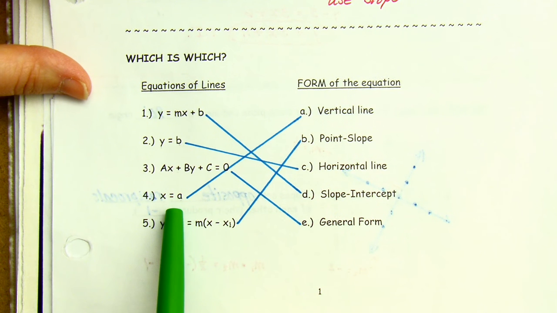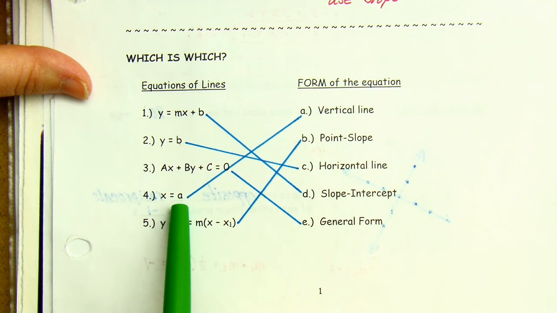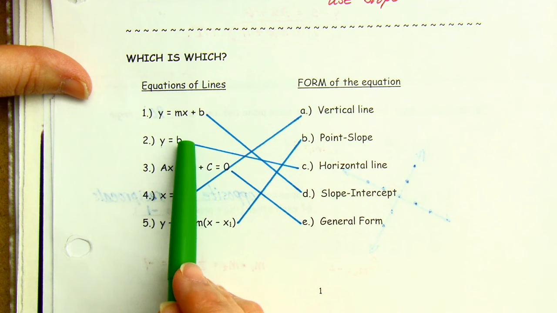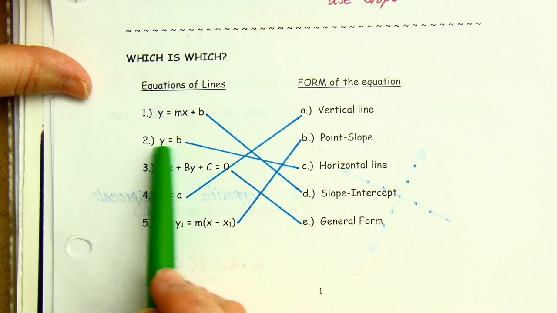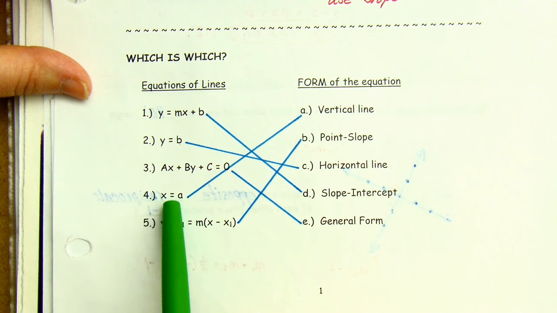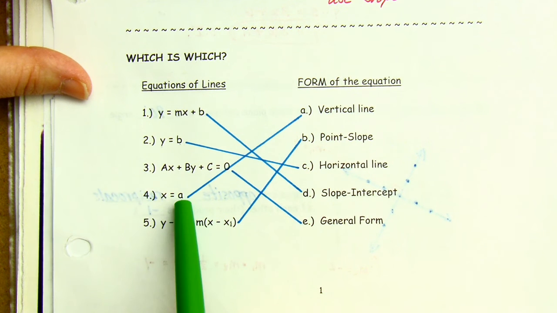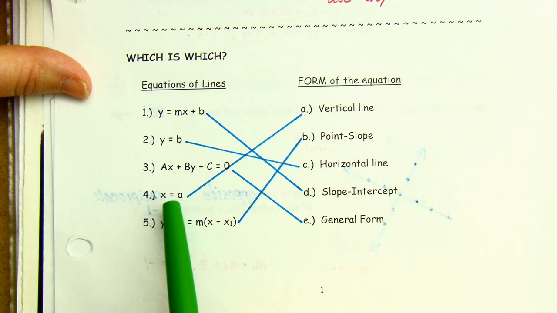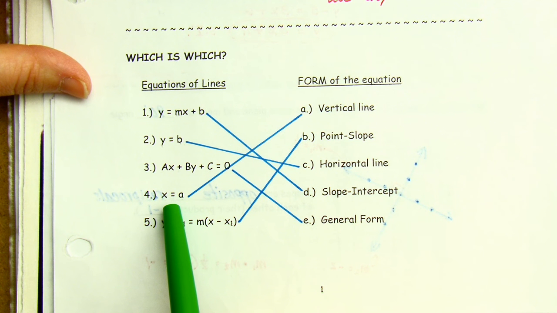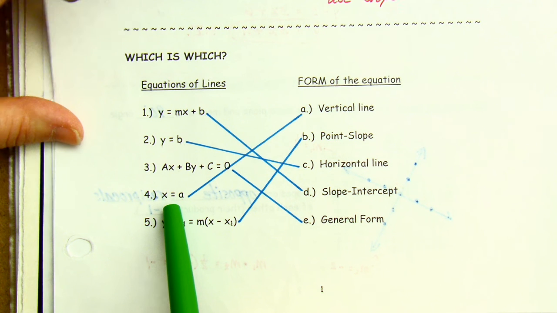Okay, x equals a. Well, we can't use the b, right? x equals b, because we have y equals b. x equals a. That's your vertical line. Typically, your vertical line is never going to have a y-intercept unless the vertical line is the line x equals 0, and then it would have infinitely many y-intercepts because it would be the line drawn right on top of the y-axis.